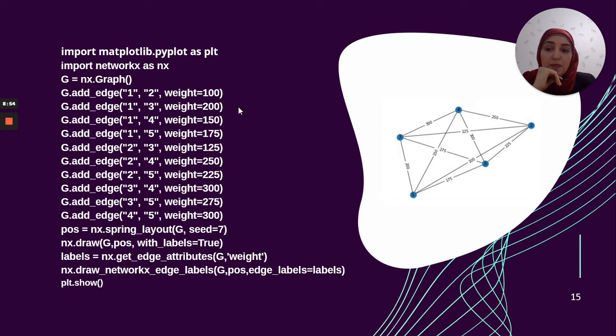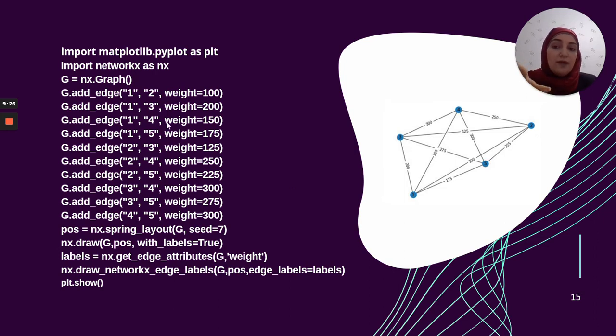Here, between 1 and 2, weight 100; 1 and 3, 200; 1 and 4, 158; 1 and 5, 175, and so on until the end.